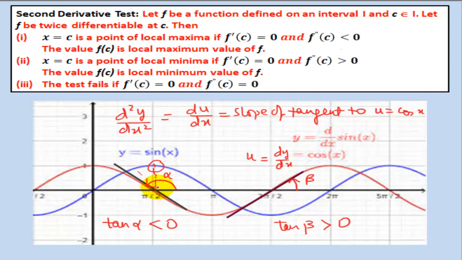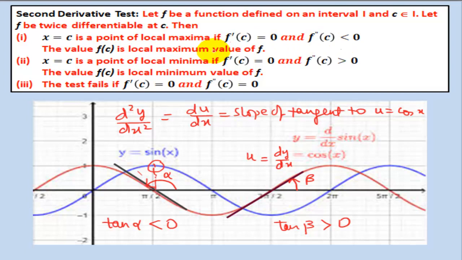See, pi by 2 is a point where the first order derivative is coming out to be 0. So this is the critical point. And here when the tangent was made, its slope was coming out to be negative. That means the second order derivative of y with respect to x at pi by 2 is coming negative. So this is what we have obtained.